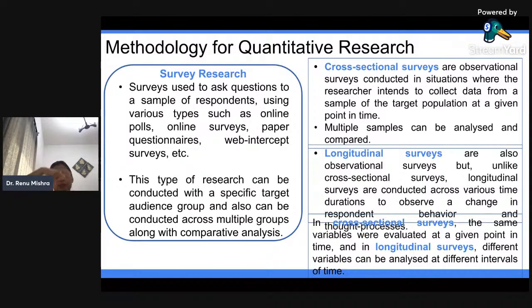So at one point in time they behave like this; with the progression of time, what is the change in the behavior? That's the major difference in the nature of these surveys. Cross-sectional survey: multiple surveys, one point in time. Longitudinal survey: frequent intervals of time, not one point in time.